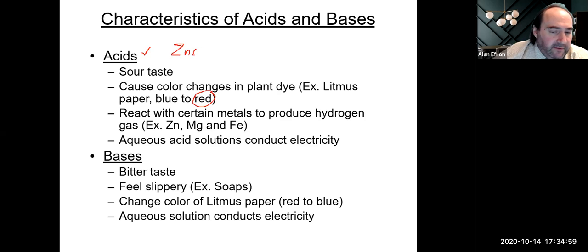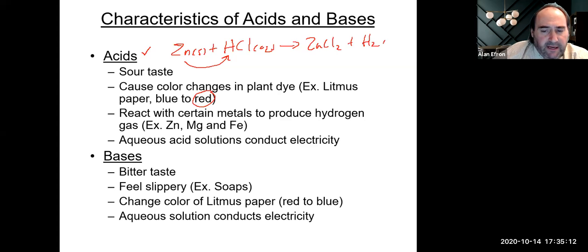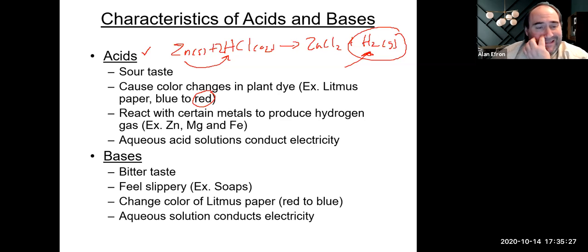For example, I think we saw when we were talking about reactions, you do a little zinc with hydrochloric acid, which is HCl. It will make some zinc chloride and produce some hydrogen gas. If you've seen that reaction occur, there are a lot of bubbles, and that's a result of a single replacement reaction where hydrogen gets displaced and comes out as the elemental form of hydrogen, which is hydrogen gas.